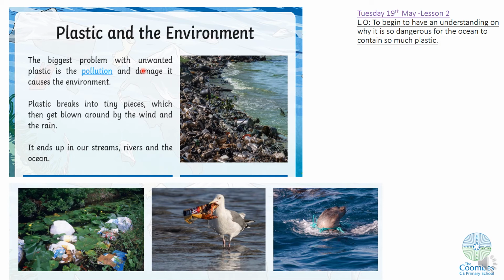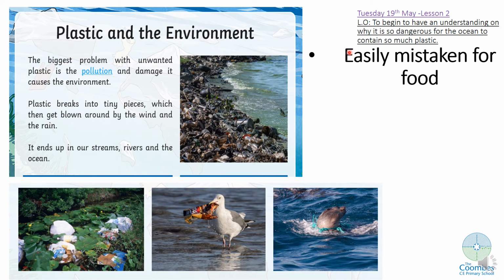And the problem is that we are using so much plastic one time, we're not reusing it, that then we throw it away and it ends up in our oceans and it's causing massive amounts of pollution. The plastic then breaks down into tiny pieces which get blown around by the wind and the rain, and it ends up in our streams, rivers and oceans.